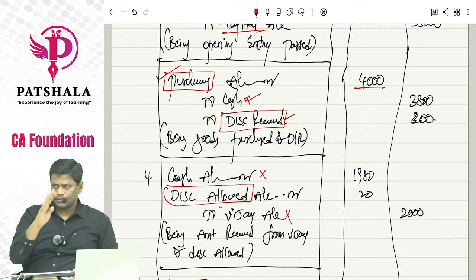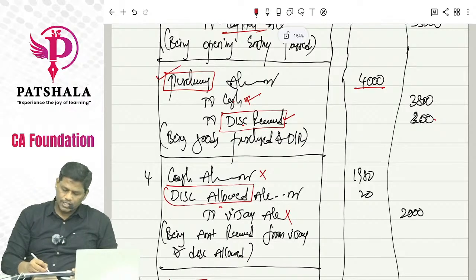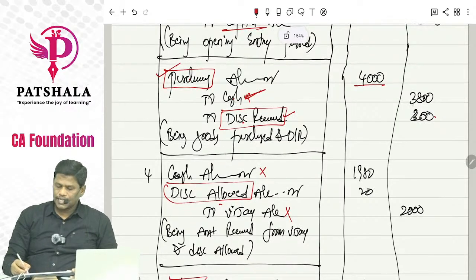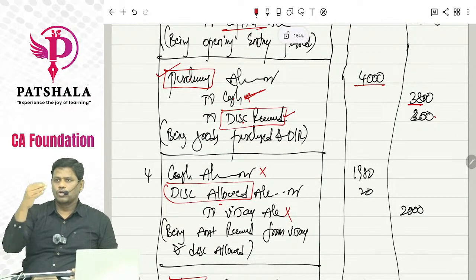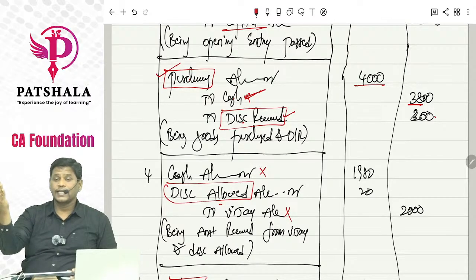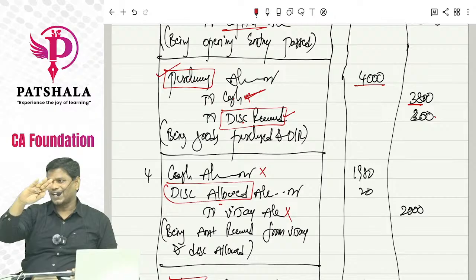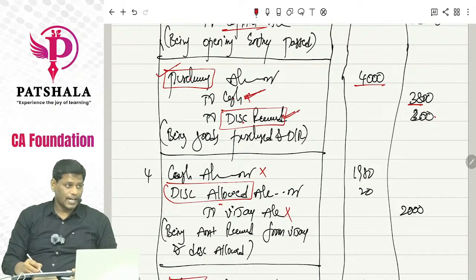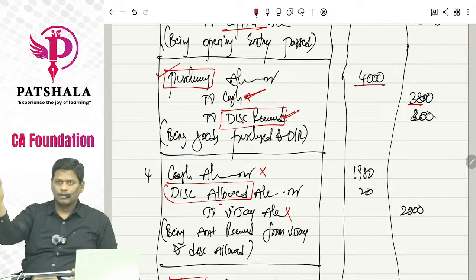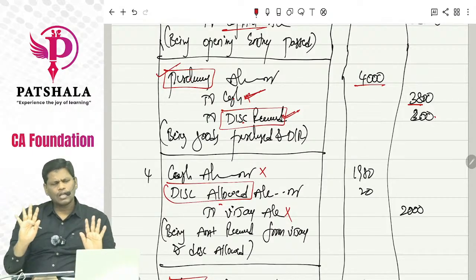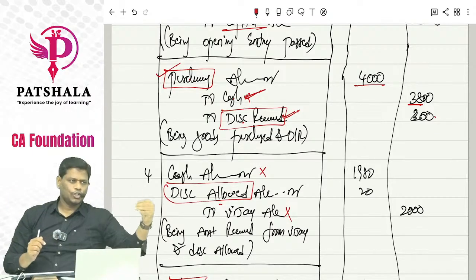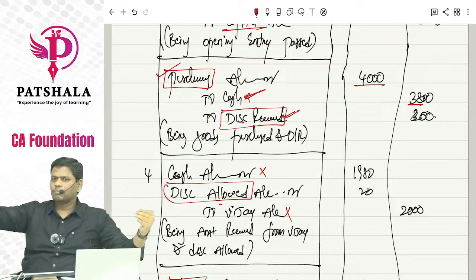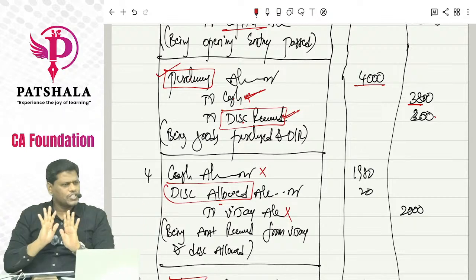Wait. The debit is done. What did we do for credit? Cash. How much cash credit? We go to cash account. What should be written on the credit side? By purchase reference. How much? 3,800. You have to go to discount received account. Again credit, by purchase.